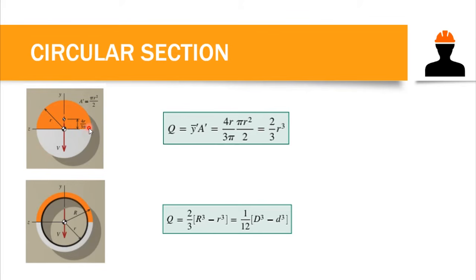By further simplifying this expression, we could have 2/3 R cubed. So you can familiarize this one, but if you forget, you also need to learn how to derive it.